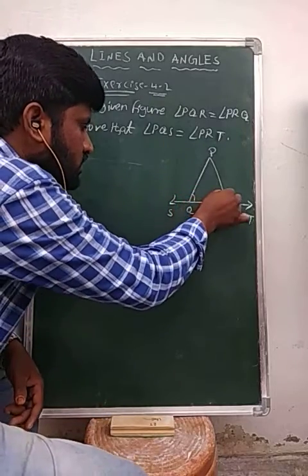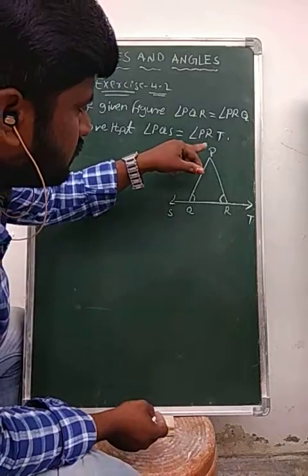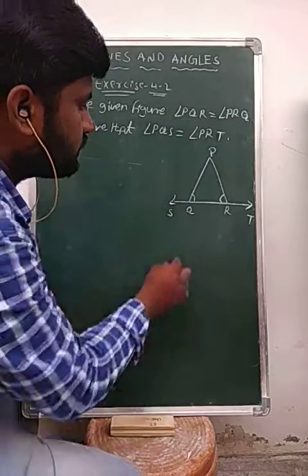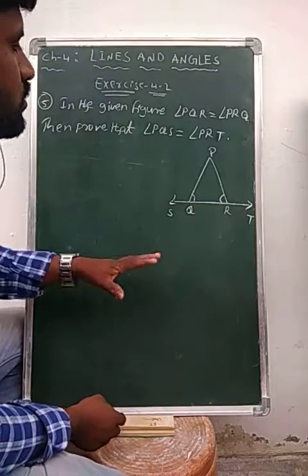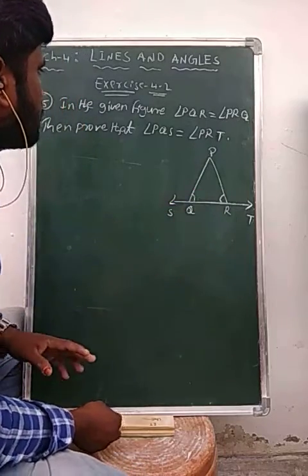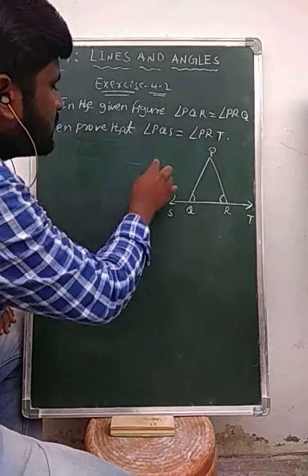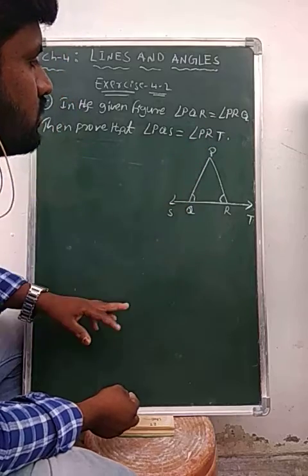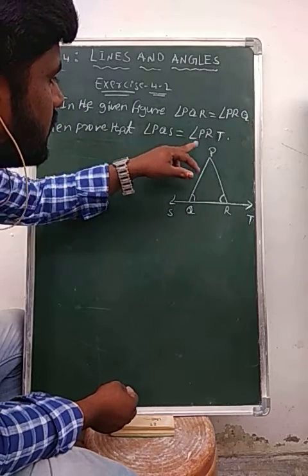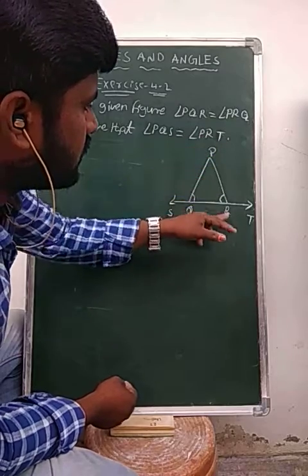Angle Q is equal to angle R. So we can say that PQR is an isosceles triangle. But here, given to prove that angle PQS is equal to angle PRT. We need to prove angle PQS is equal to angle PRT.